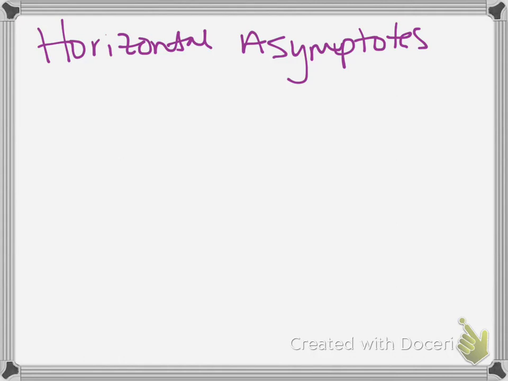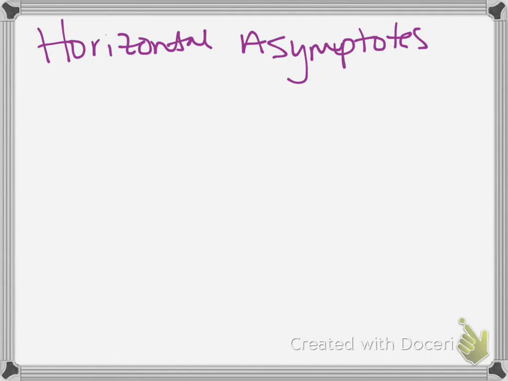However, you can have at most one horizontal asymptote. While I could have multiple vertical asymptotes, I can only have at most one horizontal asymptote. The other thing is, to determine a horizontal asymptote, you don't factor. You actually need your numerator and denominator in standard form in order to determine the horizontal asymptote.